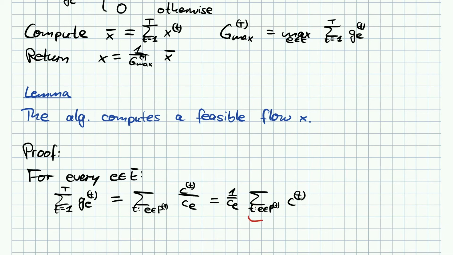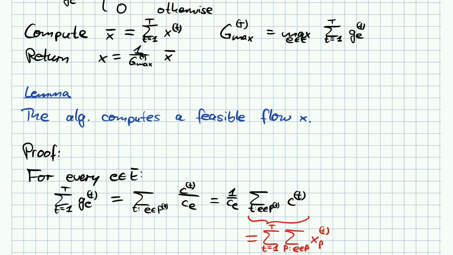Well, we might as well write this as the sum over all iterations, not only the ones where we're including edge E in the path, and then take the sum over all paths, but only the ones including edge E. And then take the x_p^t variable.